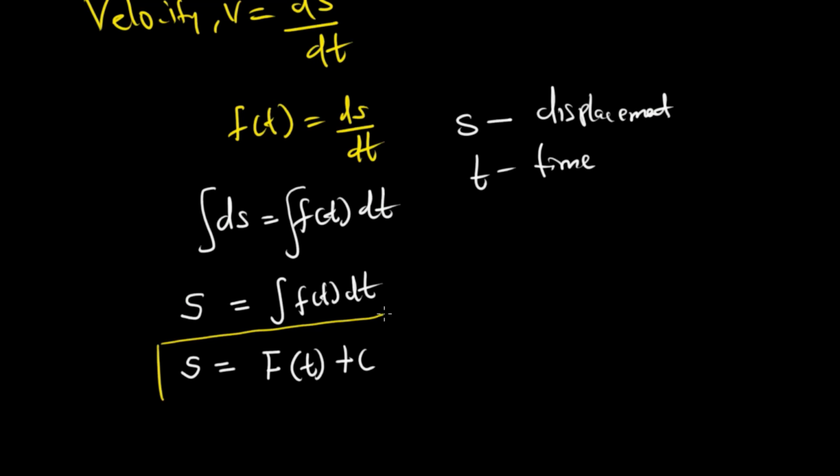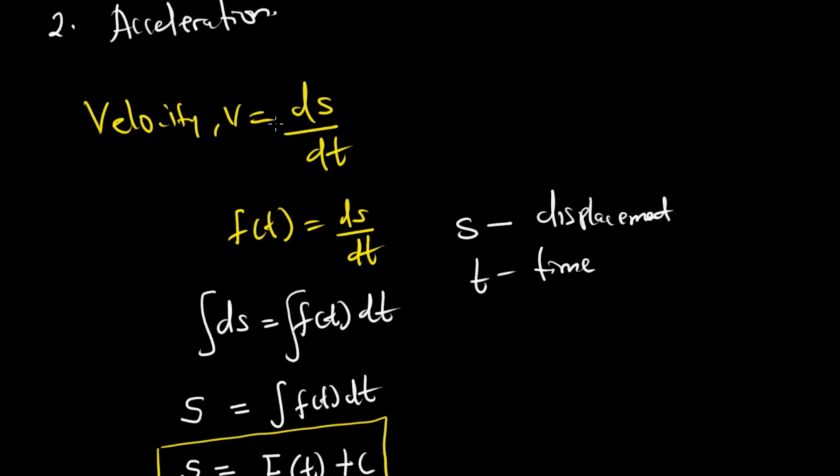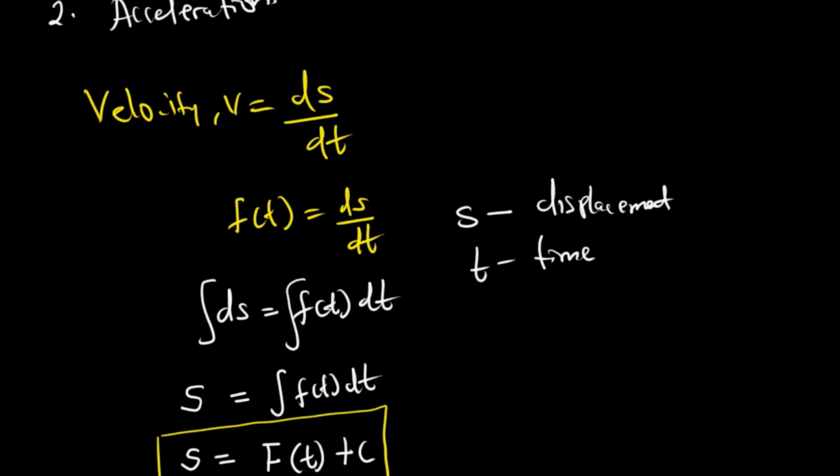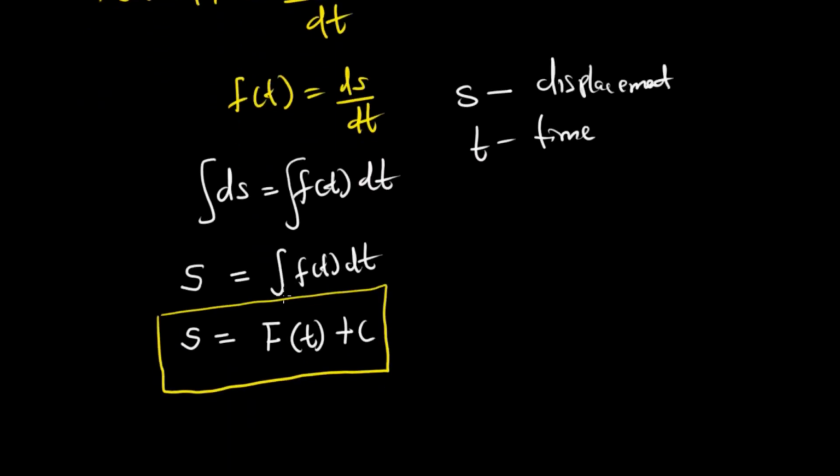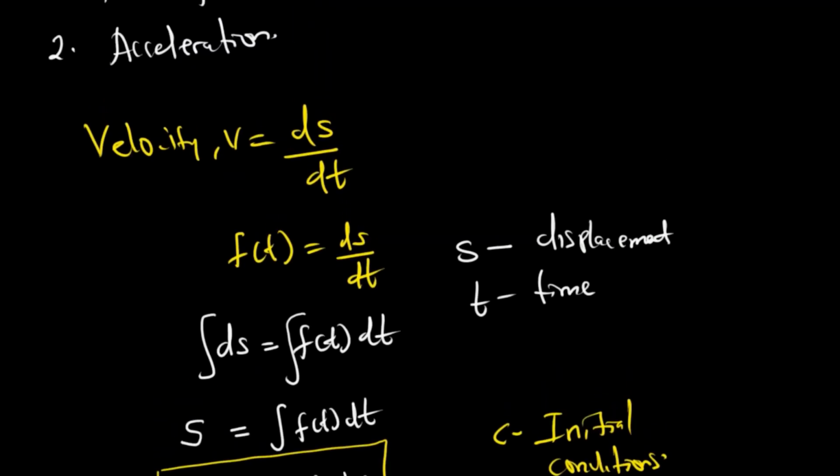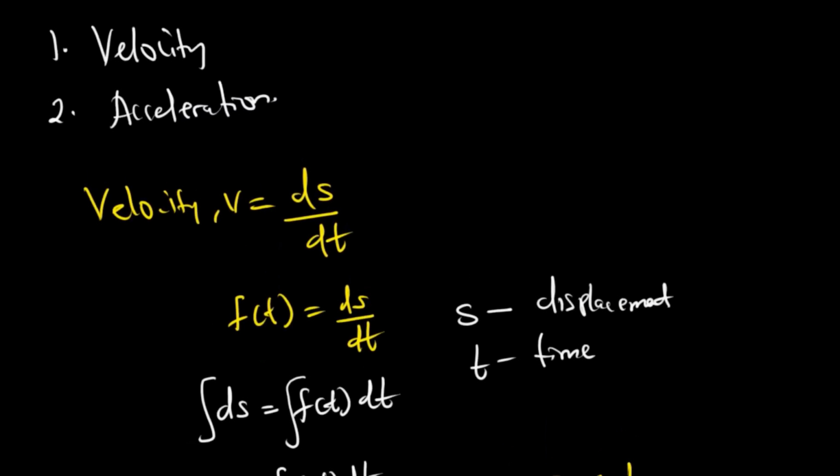So from our velocity relationship, v equal to ds over dt, we're able to get a formula for displacement using integral calculus, and we can get the value for c using the initial conditions. We are going to see how we can go about this in an example. So that's how we can go from velocity to displacement.